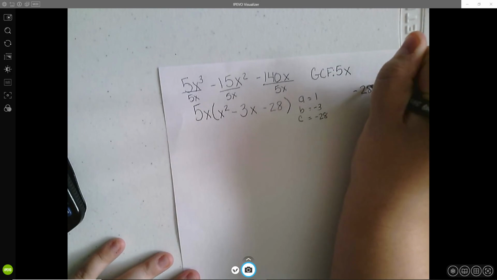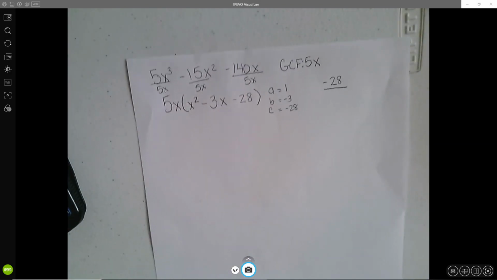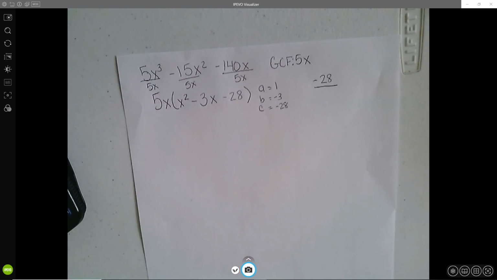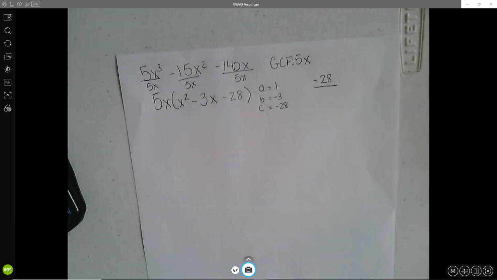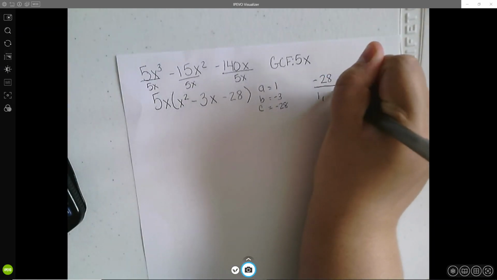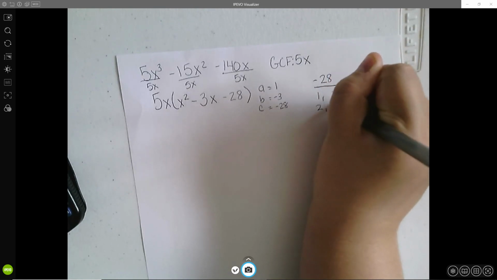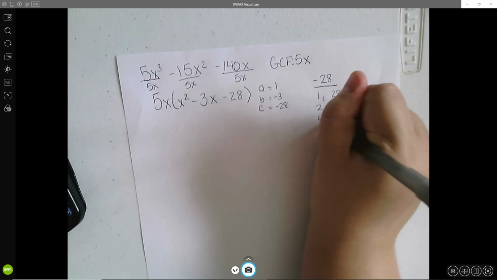I'm listing the factors of that C, or -28. Since C is negative, remember, when C is negative, I have 1 negative and 1 positive. Factors of 28: 1 and 28, 2 and 14, 3 doesn't work, 4 and 7.